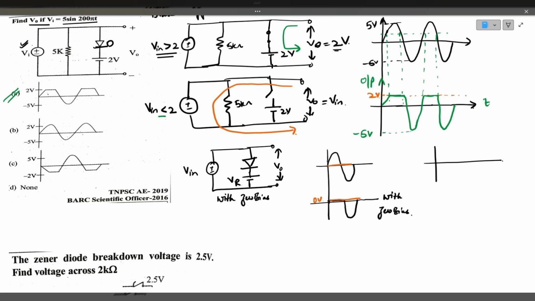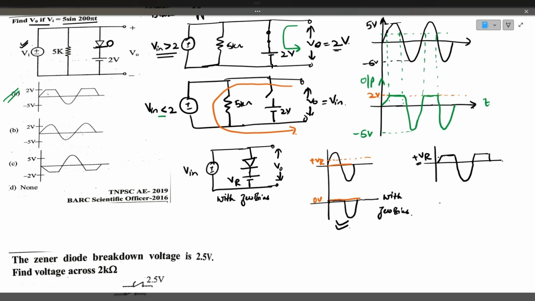What happens now? The output will have some portion of the positive signal also, along with the negative cycle. Earlier it was only the negative cycle with zero bias.